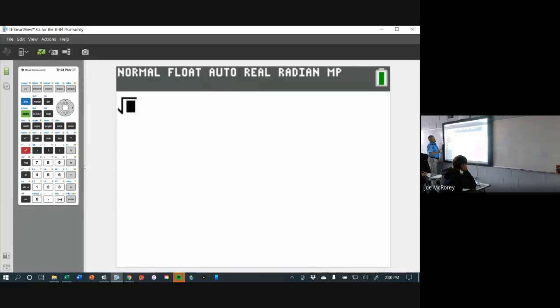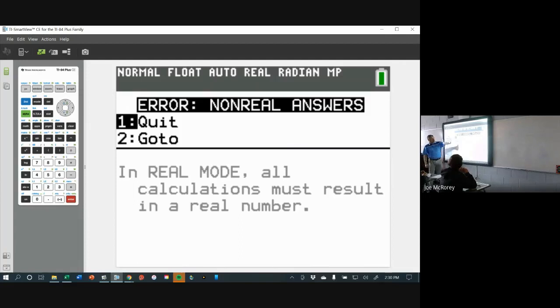The square root of -39 is non-real. So the correct answer for number 3 is no real solutions. We'll find out later that there is an answer, but it's not real.